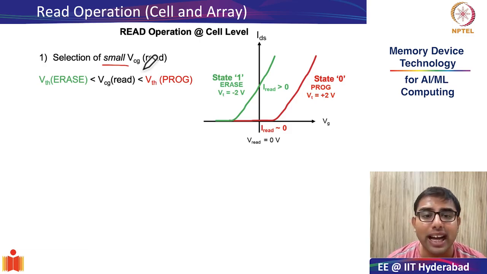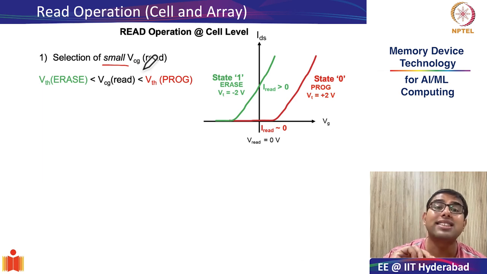Of course, it means that it should not be in any way comparable to the voltages that you apply during program or erase operation. Why? Because if you apply anything close to that, there is a distinct chance that the cell state may get altered. So you keep the control gate voltage much smaller compared to what is required for program operation.